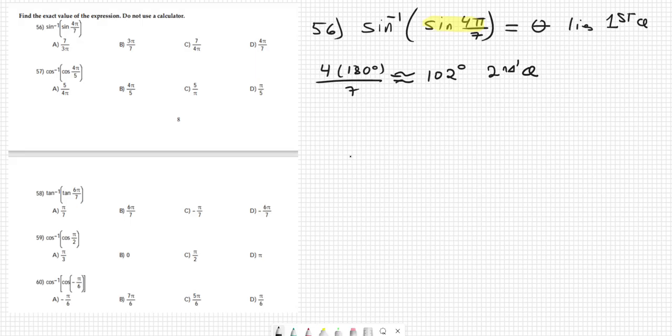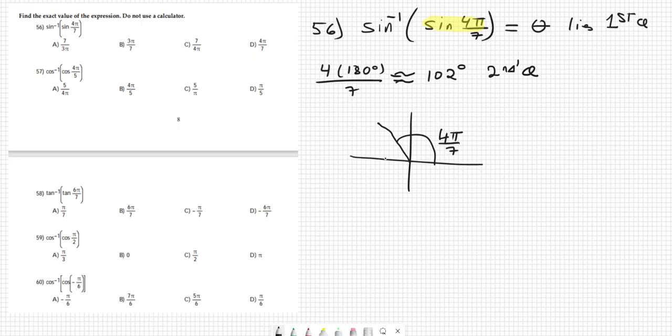So, well, let me try to do the sketch. The original angle, 4 pi over 7, lies here, 102 degrees. Let me copy it like the original.